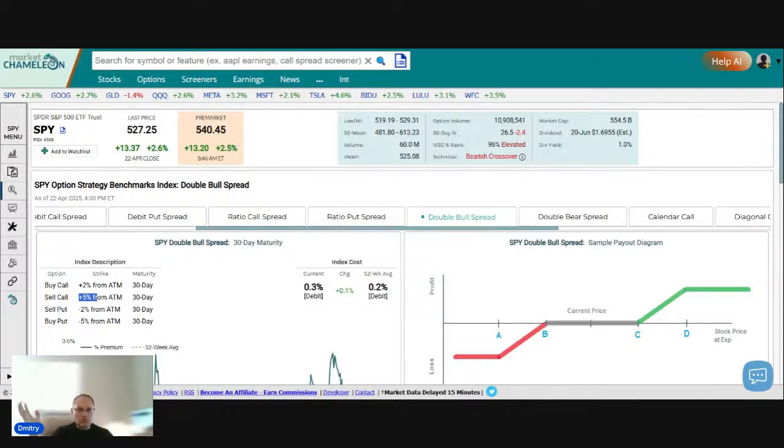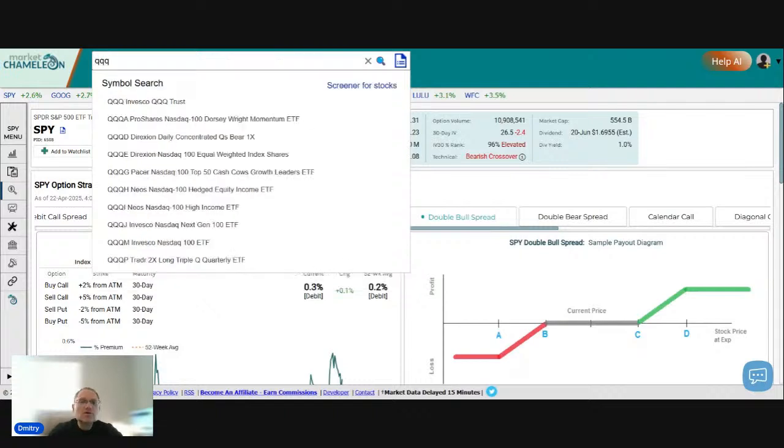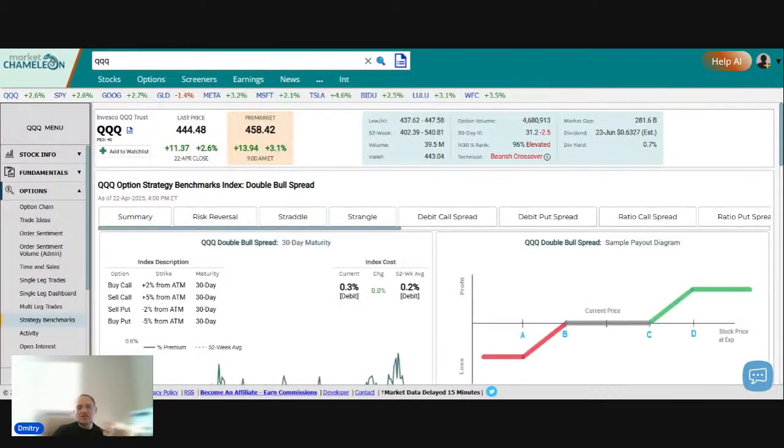Well, let's compare what it would be in QQQ. Is it less expensive or more expensive to put on this similar strategy in QQQ? So we could go to QQQ, type it up here, click enter, and now we see QQQ on a relative basis is the same, 0.3%. So cost-wise, when we convert it to percentages, it would be similar, QQQ and SPY. It would be 0.3% of spot price.